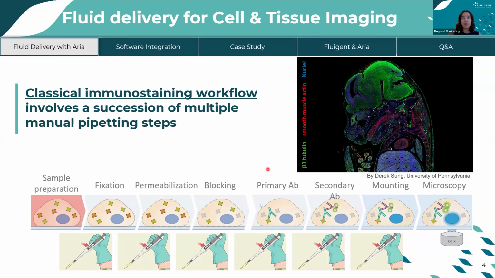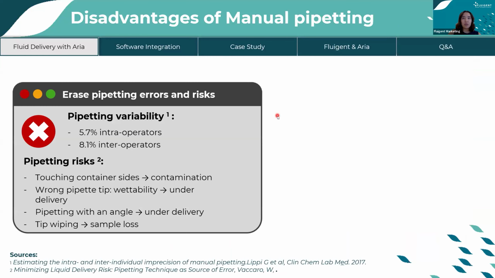At the heart of all of it is manual pipetting, which comes with several challenges. First, I'd like to introduce the pipetting risks and errors that can come with manual pipetting. It's not only tedious, but it also comes with some risks, like touching the slides if you're working with live cells, sample contamination, and under-delivery of reagents, depending on whether the tip has low wettability.